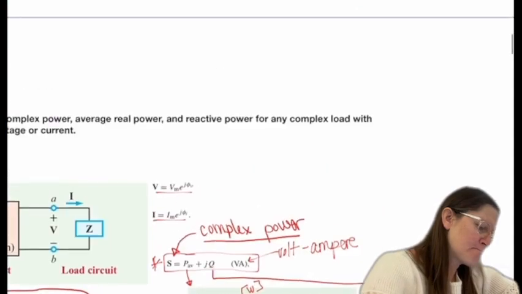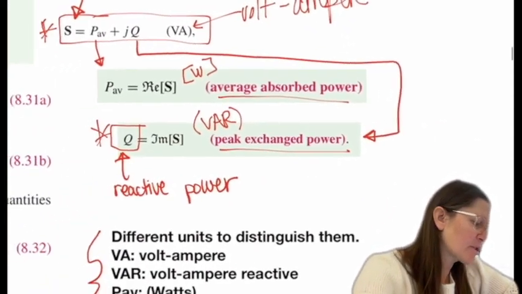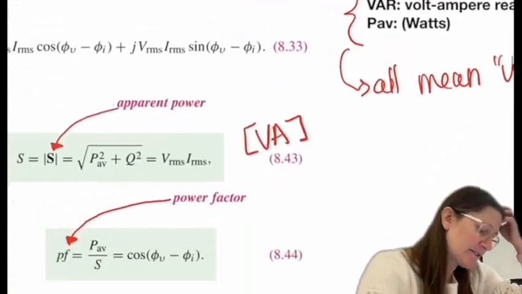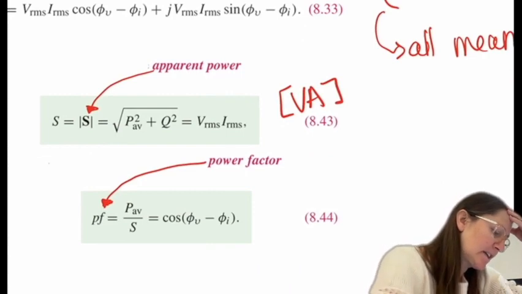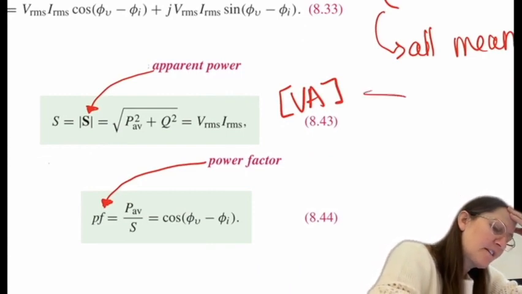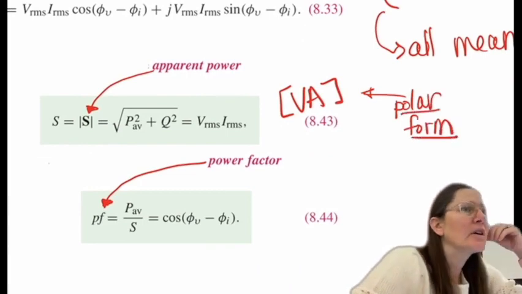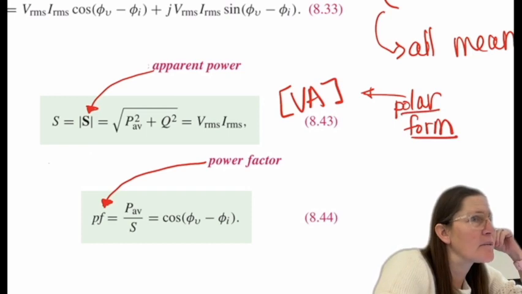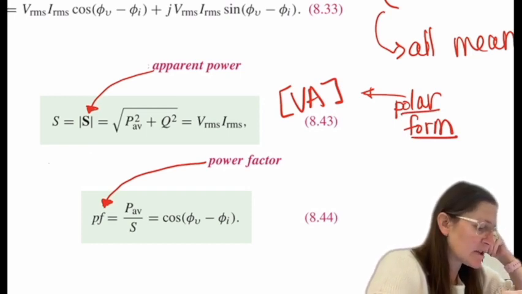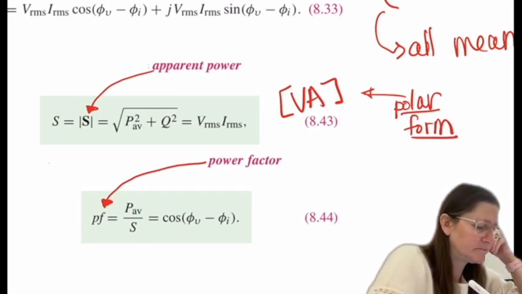For the real portion of that, this is going to be your polar form, and then the magnitude of it is going to be the apparent power.